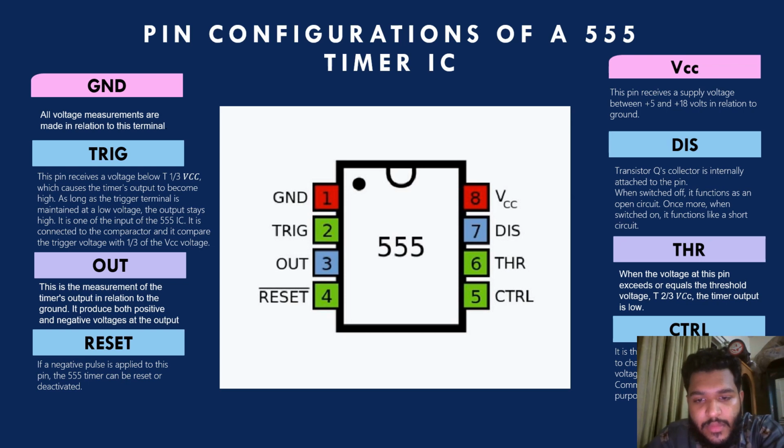Then threshold detection happens on pin 6 and the discharge pin, pin 7, plays a key role in the timing cycle. Finally, pin 8 provides power to the IC, bringing the timing mastery to life. Understanding these pins is the first step to unlocking the creative potential of the 555 timer. Moving on to our next slide.